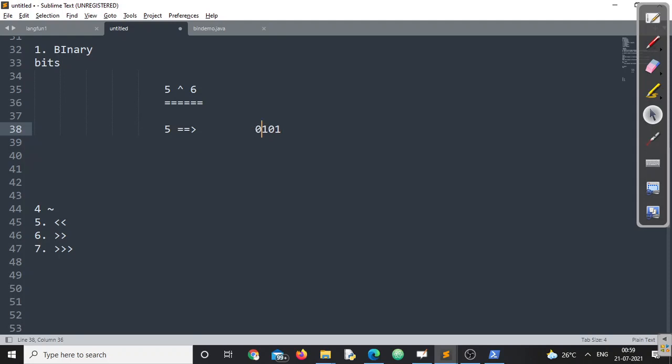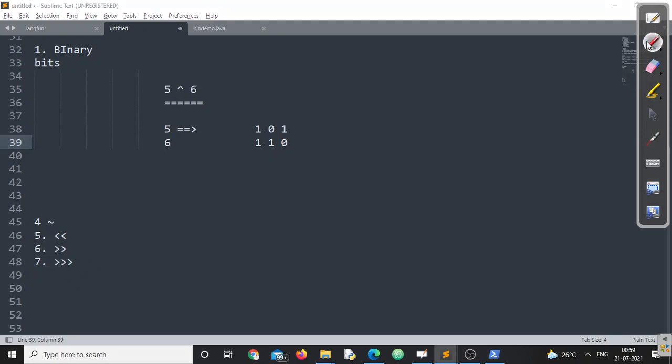Let us go for 4 bits. This will be 1 0 1, 4 plus 1 is 5. 6 will be 1 1 0, right? So let us operate on these two operands. The first step we have completed.